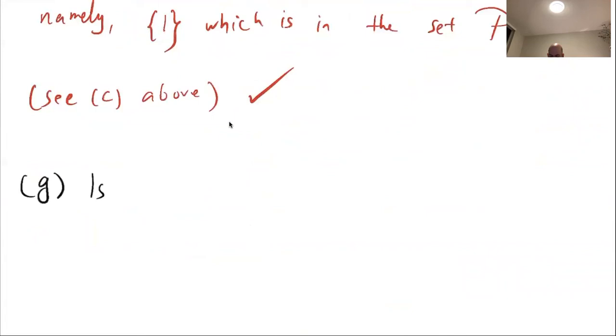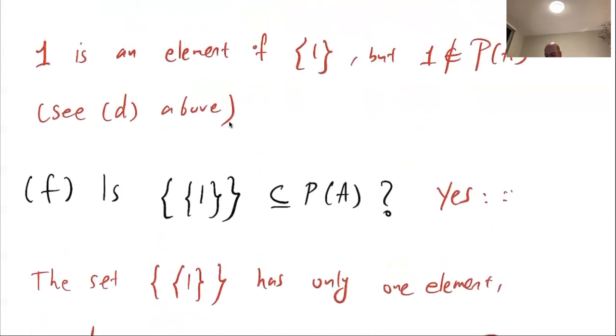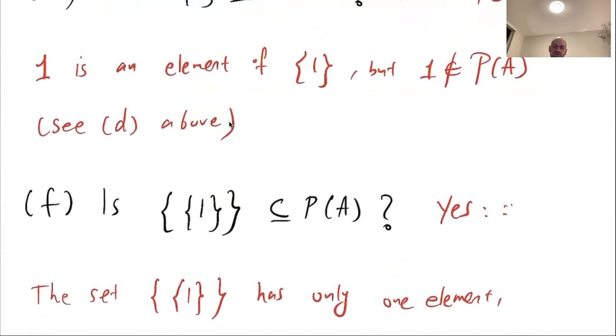Part G is, let's say, does 1 belong to A? What about A itself? So far we talked about P of A, which is a little bit more confusing compared to A, because P of A is the set whose elements are subsets of A. That's a little bit confusing for some students, because they are used to encountering sets whose elements are numbers, right?